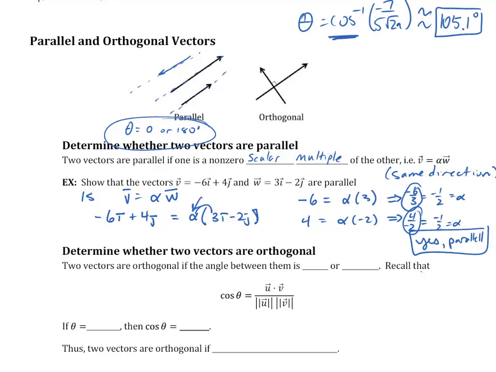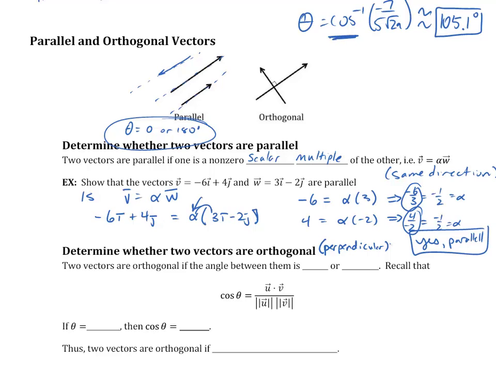The other relationship that is significant and sometimes shows up in applications is when they are orthogonal. Orthogonal is another fancy word for what you've probably heard before as perpendicular. Orthogonal is used in more advanced mathematics because we can talk about orthogonality in other contexts besides just lines and vectors.